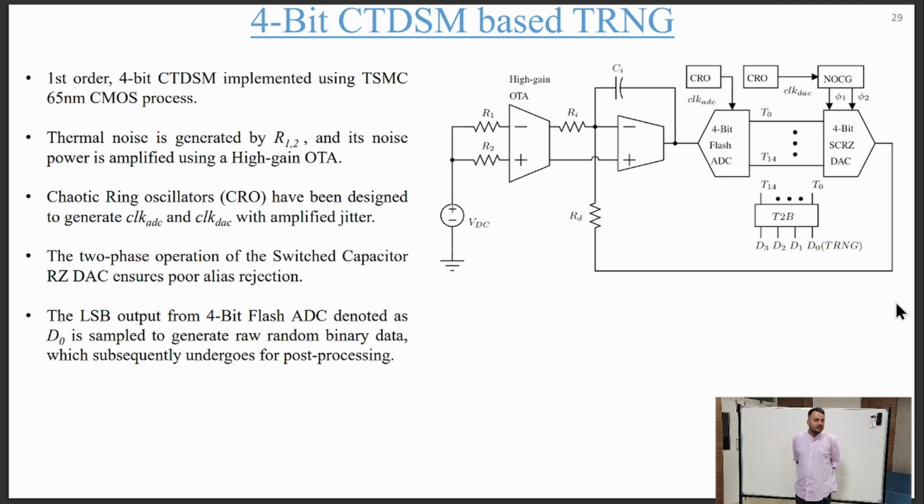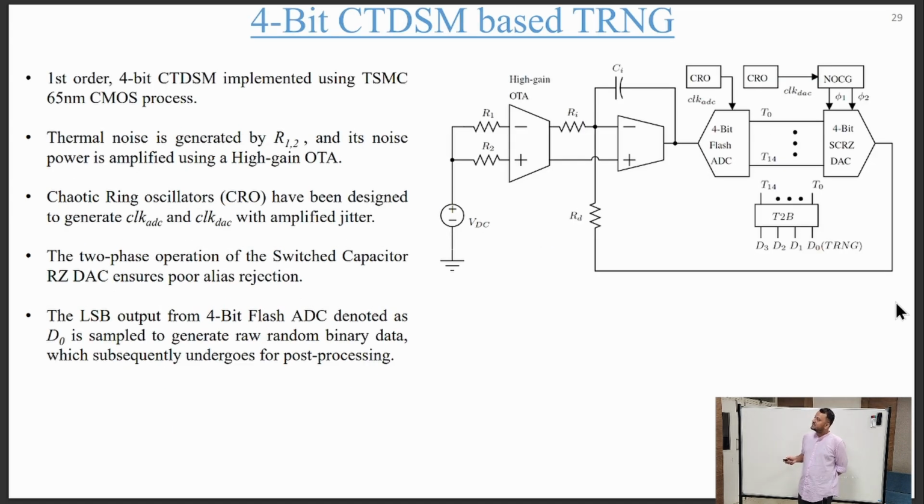These chaotic ring oscillators are used to generate jittery clocks. So we are able to achieve around 20% jitter to period ratio through it, and we designed a flash ADC and switch capacitor return to zero DAC to get advantage of both aliasing as well as high jitter sensitivity. Finally, the LSB output was sampled for the random sequence.